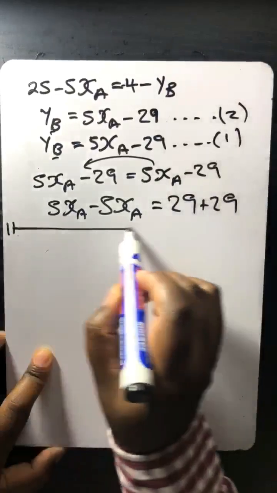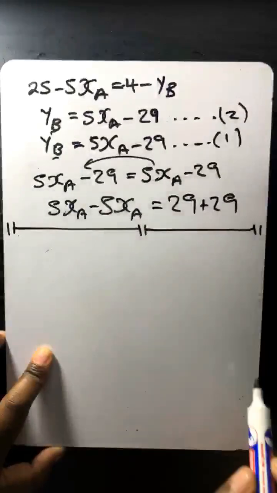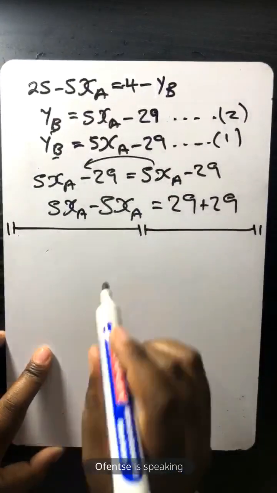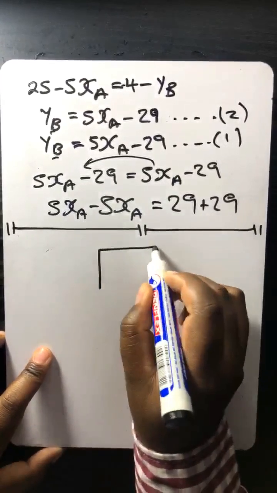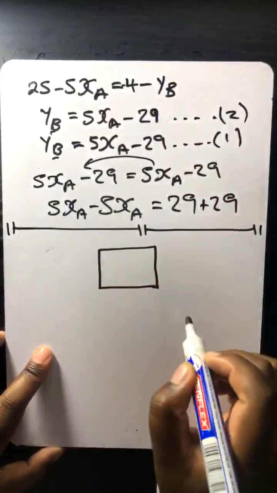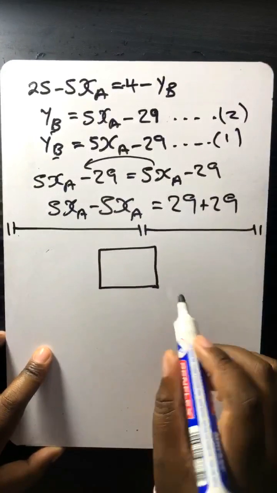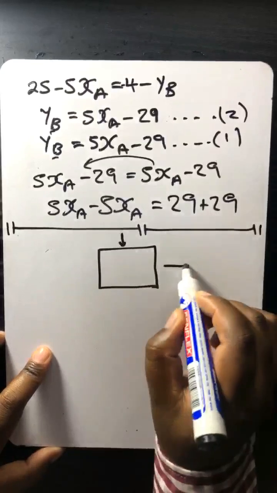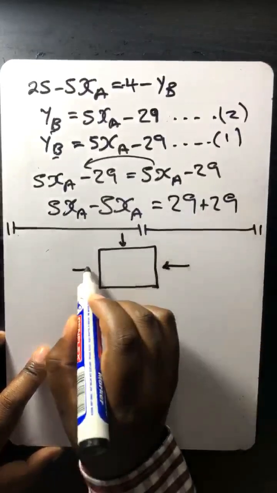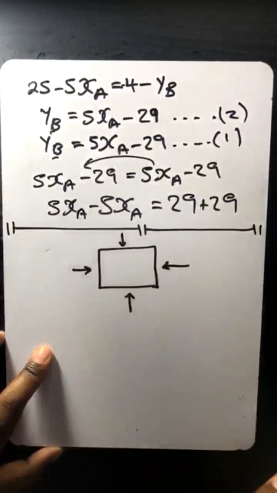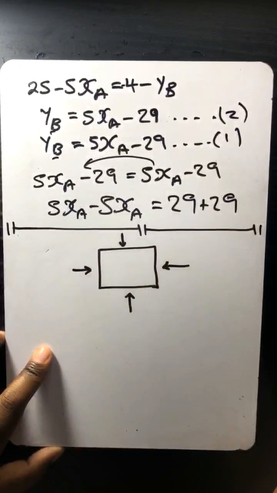Why am I suspecting it's almost the same? Okay, let's say this is a square. This side is equal to that side, and this side, all the sides are equal, isn't it?